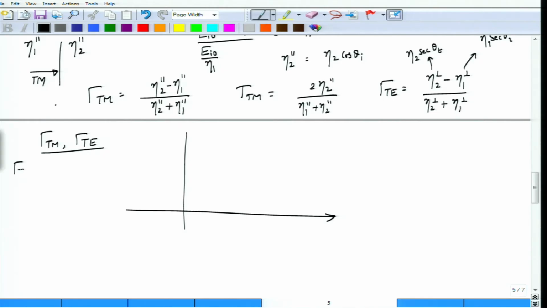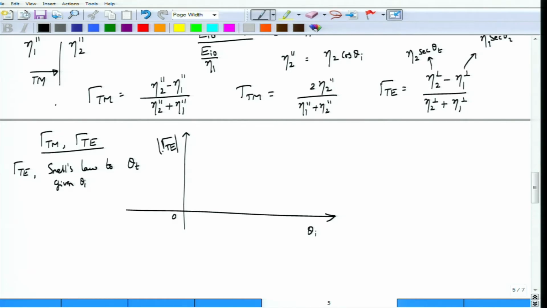You already know what is gamma Te, and then you can use Snell's law to calculate theta t for given values of theta i. So, for example, consider the x axis to be theta i, the angle of incidence, and you vary it over say from 0 to 90 degrees, and on the y axis you plot the magnitude of gamma Te.